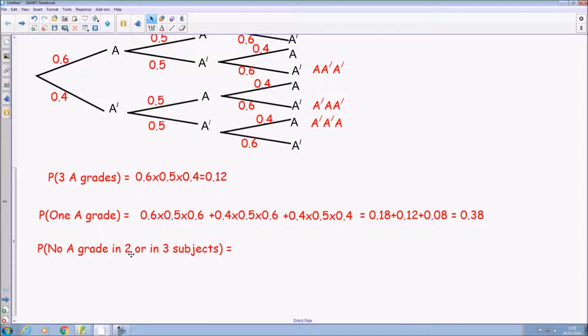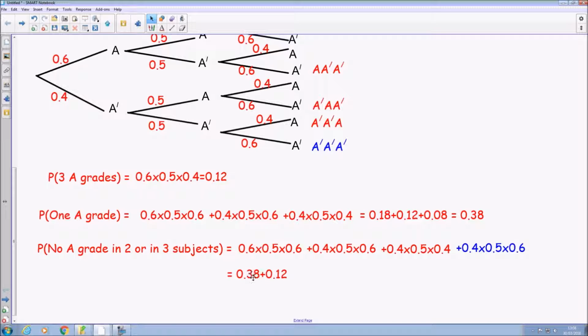So the probability of no A grade in 2 or in 3 subjects will be the same as the probability of just 1 A grade, and also the probability of getting no A grades at all. So we now add all these 4 probabilities together and we will get the result 0.5.